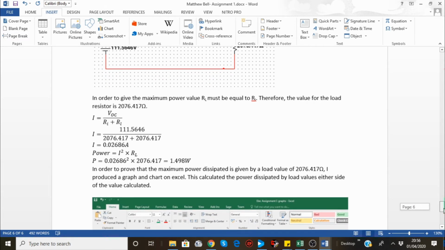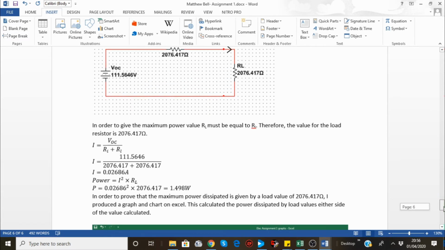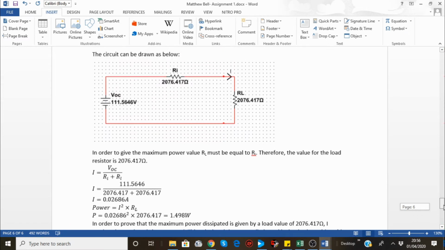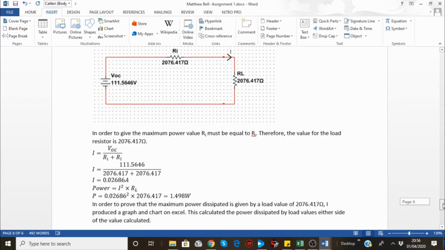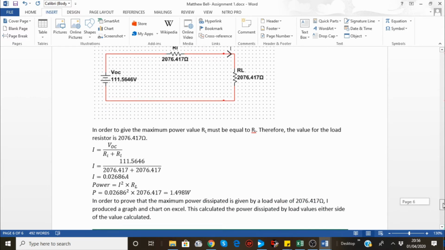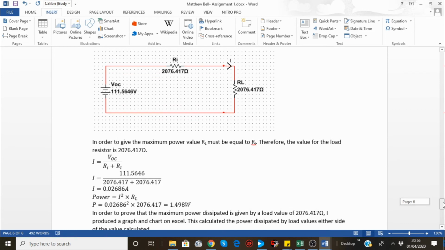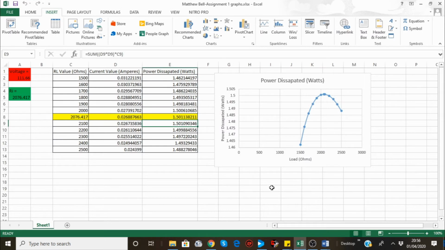Now, in order to prove that maximum power actually occurs at this value when RL equals RI, I'll take you to a spreadsheet.